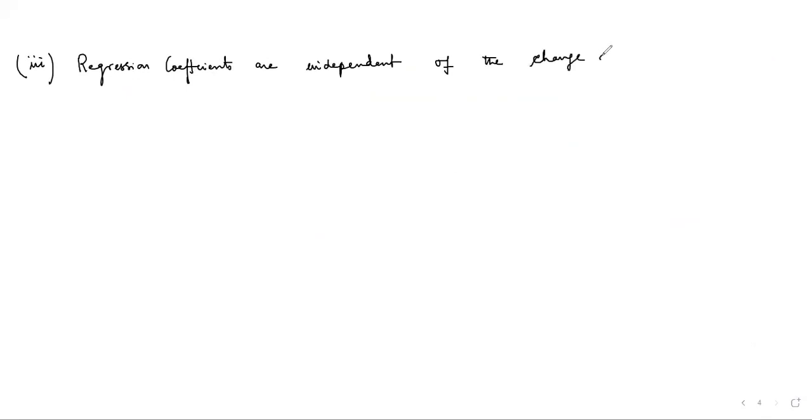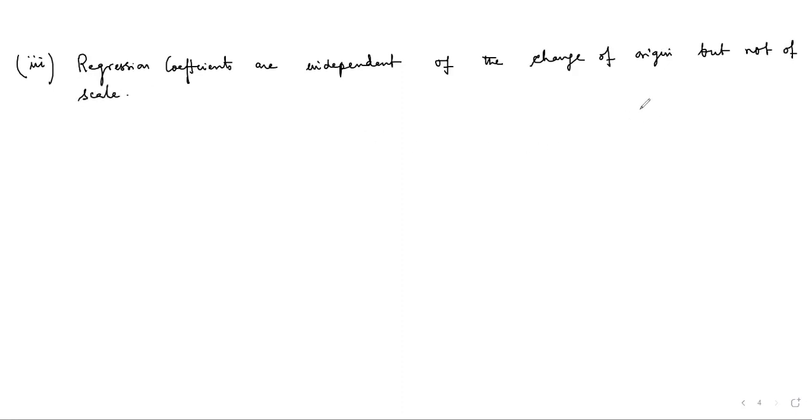A third property that I can mention is that regression coefficients are independent of the change of origin but not of scale. This property is another important property.